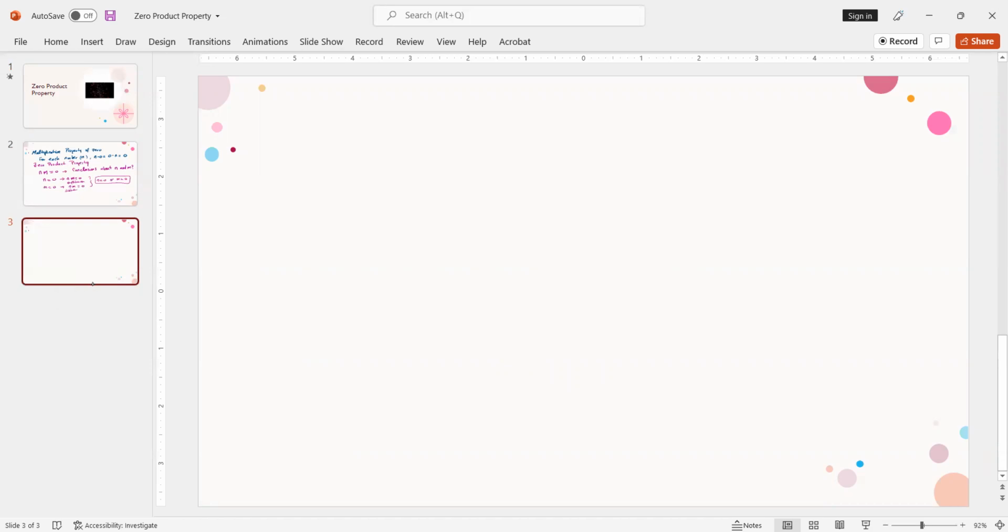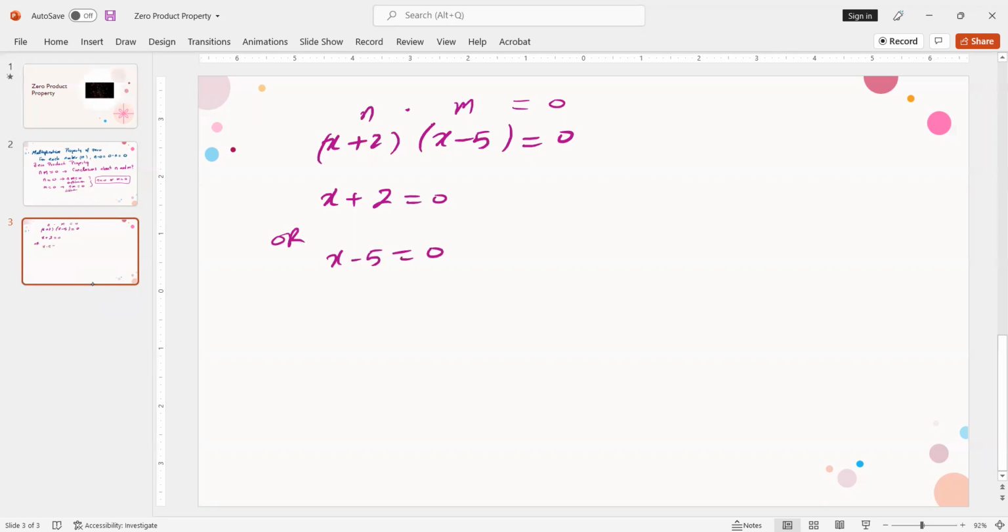The basic one that we usually see is if you have a quadratic equation and you factor it and you get something like this, then you'll say, because of the zero product property, this is n and this is m, right? Then x plus 2 equals 0, or x minus 5 equals 0. And that gives you x equals negative 2 or x equals 5.